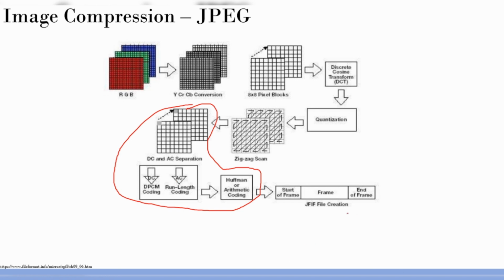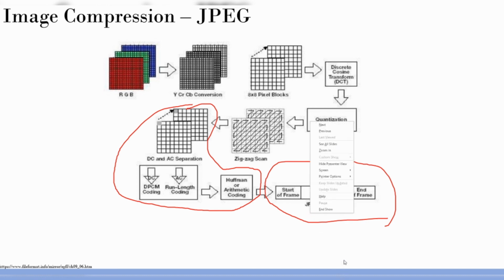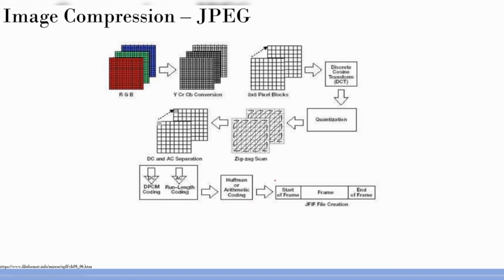This is the final data that you have when you have a .jpg or .jpeg file. This is the final representation. We will go into the details of each and every step in the coming lectures, so if you don't understand this step, don't worry. We will take each step in detail and understand thoroughly what's happening.